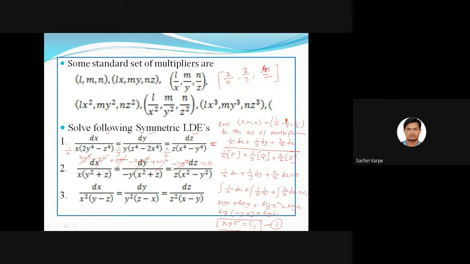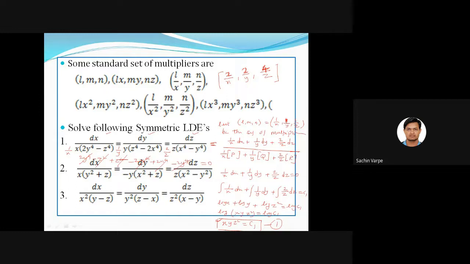Though it is giving the 0 denominator, that is 2 times the first set, so that will give a multiple or dependent solution of the first one. So you cannot select such multipliers to find the second solution. Is this clear? So select a different independent set of multipliers to get the independent solution.